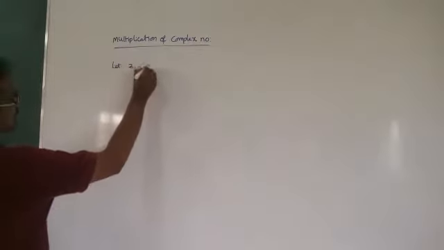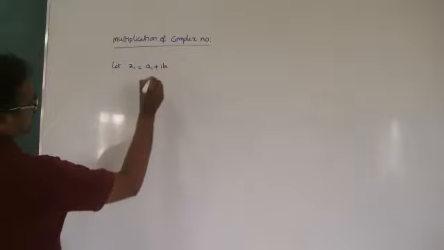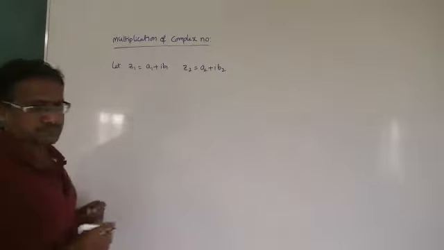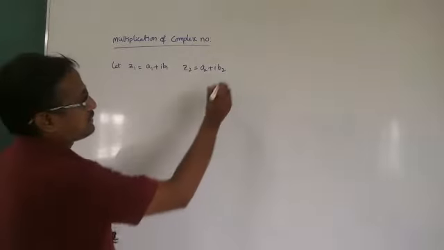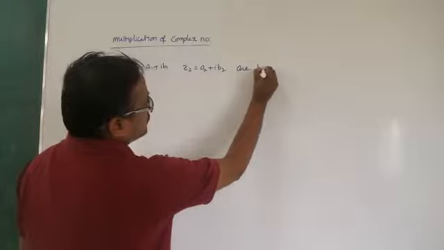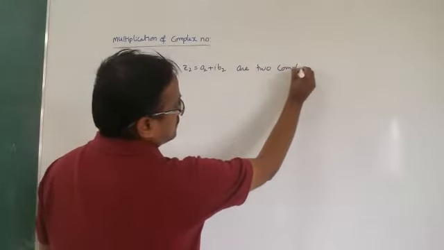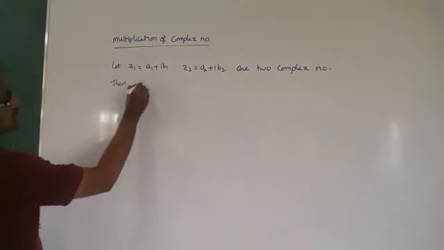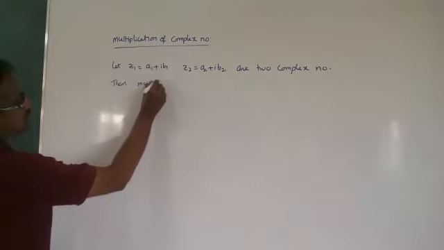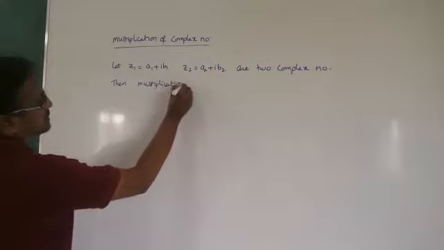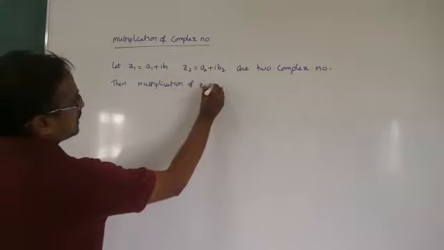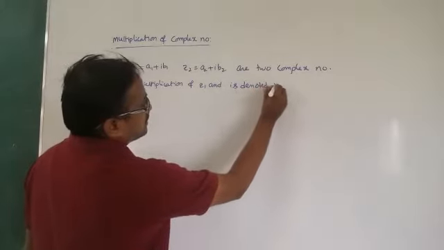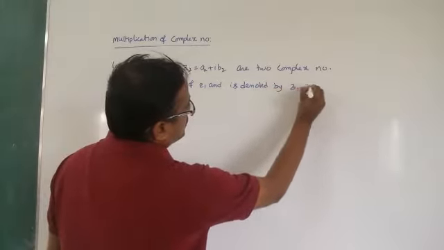Let z1 is equal to a1 plus ib1, z2 is equal to a2 plus ib2 are any two complex numbers, then multiplication of z1 and z2 is denoted by z1 into z2.